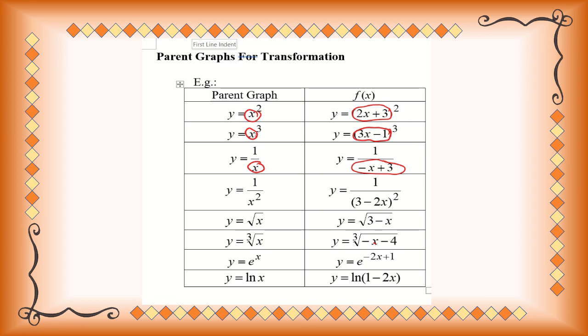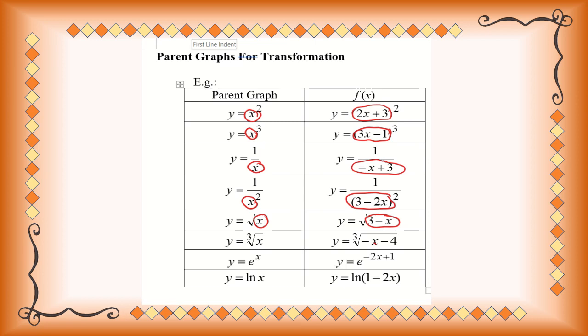Then y equals 1 over x squared is the parent graph for y equals 1 over (3 minus 2x) squared, because when we compare, we find that x initially is x, now it is transformed to 3 minus 2x. Then y equals square root of x is the parent graph of y equals square root of 3 minus x, because when we compare, we can see that x is now transformed to 3 minus x.